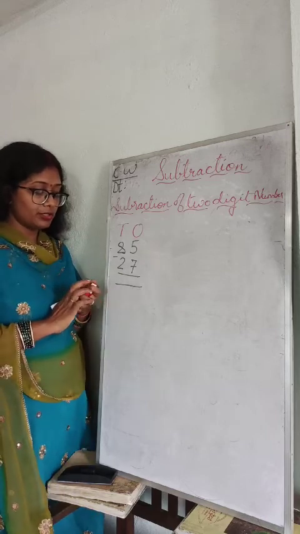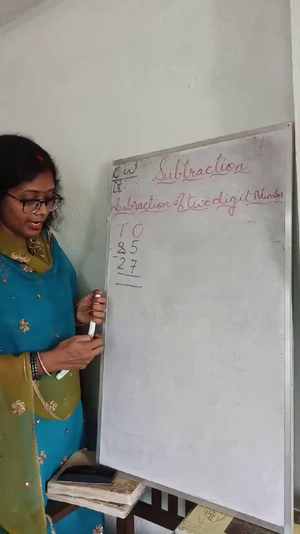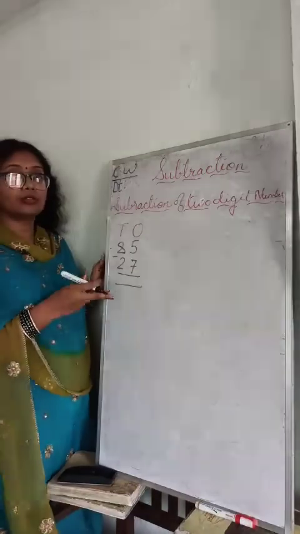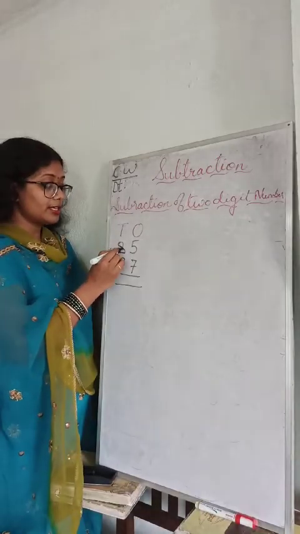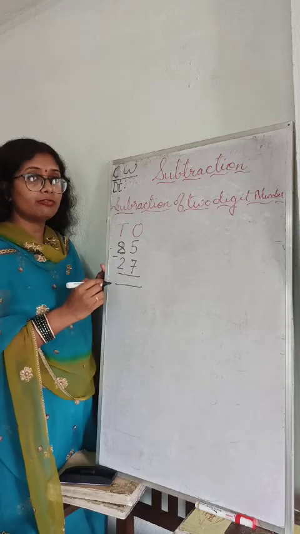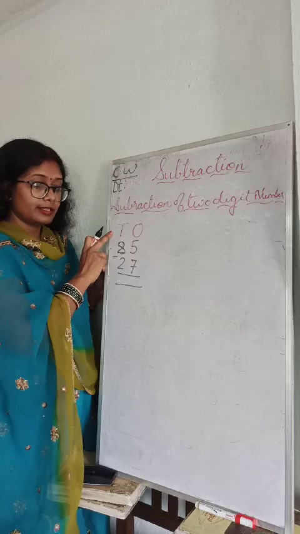Suppose this is the number which is given to you. You have to subtract this two-digit number. Now, how are you going to subtract it? First, understand what is two-digit number here, and then we will continue further. Ones, tens.